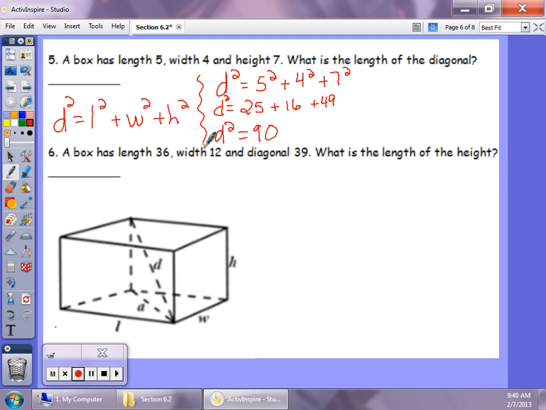So to find D, we're going to take the square root of both sides of the equation, which leaves us with D equals root 90. And as always, we want to make sure we're simplified. We know that 90 has a factor of 9, so that's a perfect square. So we can rewrite this as root 9 times root 10. So if we take the square root of 9, we now know that the diagonal is going to equal 3 root 10.